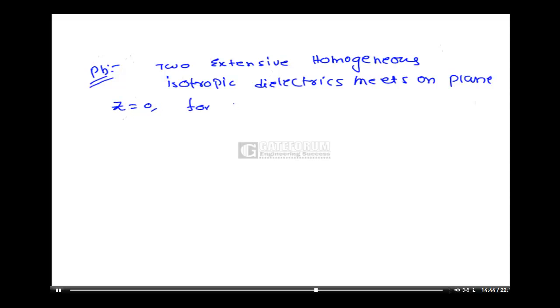For z greater than or equal to 0, epsilon r1 is equal to 4, and for z less than or equal to 0, epsilon r2 is equal to 3.